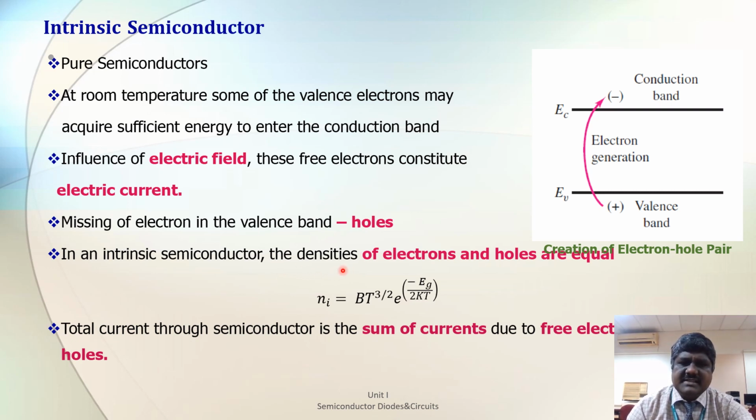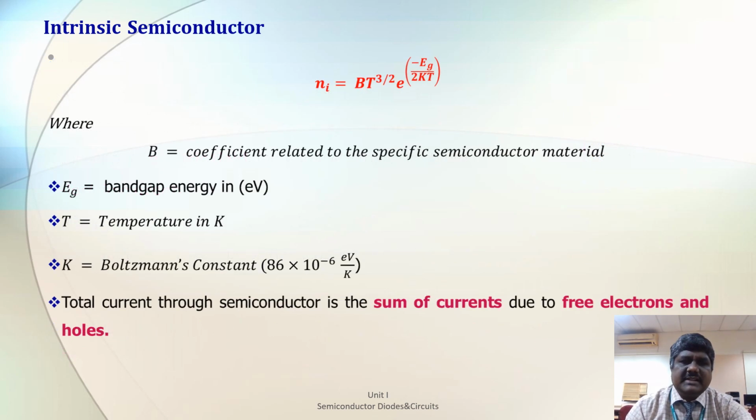In an intrinsic semiconductor, because it is balanced, the electrons and holes are equal, so the carrier concentration Ni is equal to B T to the power 3/2 times exponential of minus Eg divided by 2kT. For the total current we have to consider free electrons as well as holes.